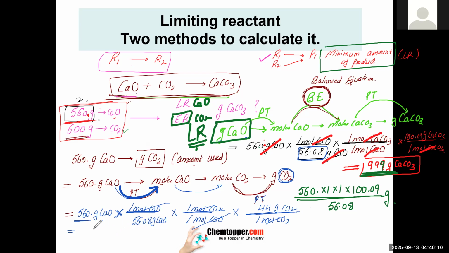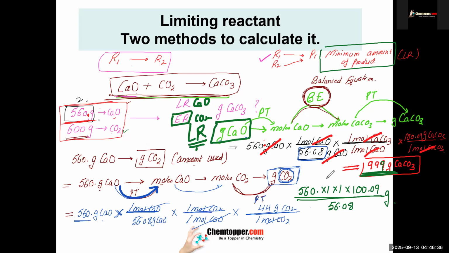Umar is saying 1.00 times 10 raised to the power 3. Umar, what you calculated? We are calculating CO2, right? You calculated calcium carbonate, which you calculated earlier from the limiting reactant.